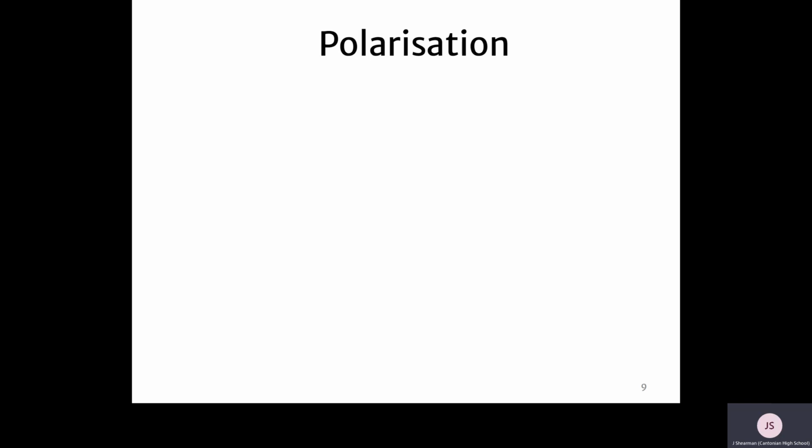So later in your A-level, you learn about how electrical impulses in nerves are actually the result of ions moving in nerve tissue. And this is known as depolarization and repolarization. So these terms are basically a more accurate way of describing what's happening in the nerve impulses when muscles contract and relax.